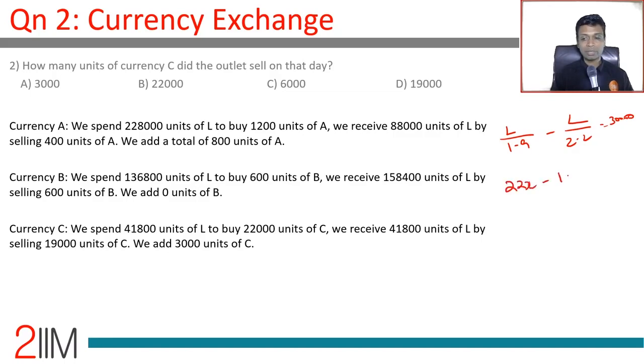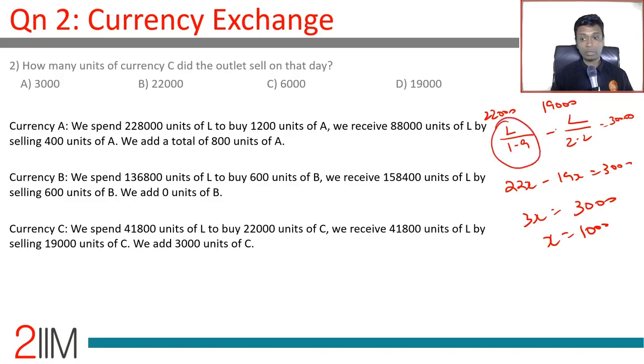So 22x minus 19x is 3000, or 3x is 3000, x is 1000. Or this is 22,000, this is 19,000, the difference being 3000. L by 1.9 is 22,000, L by 2.2 is 19,000.